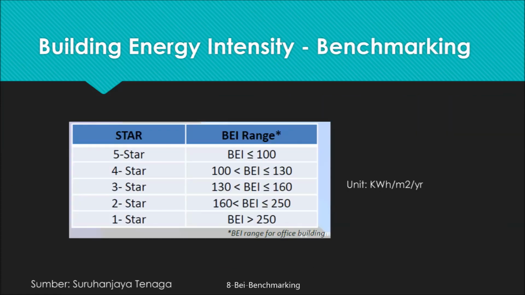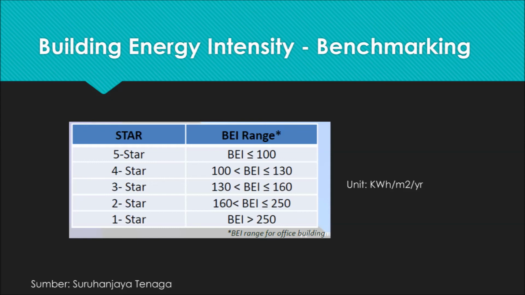Once you have this concept of comparing building energy intensity between different buildings, then you can start to do benchmarking. Suruhanjaya Tenaga, the council that is responsible for the energy use in buildings, has introduced a star rating concept to benchmark between different buildings.